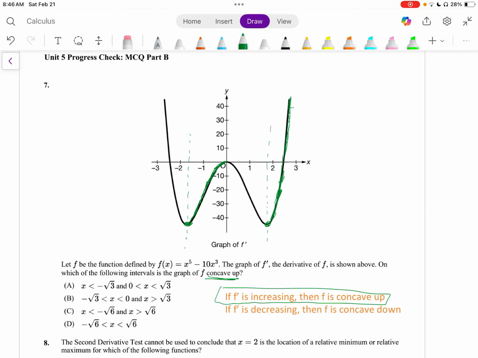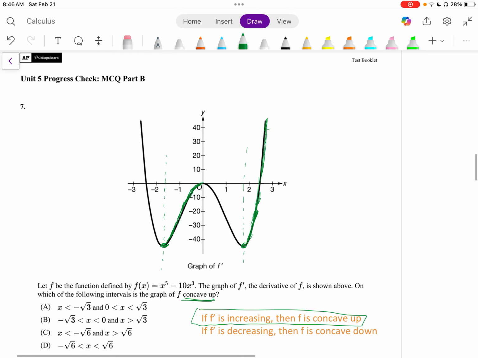Well, the only numbers we deal with here are root 3 and root 6. So square root of 3 is 1 point something. I think it's about 1.7, but you at least know it's 1.7 because the square root of 4 is 2. The square root of 9 is 3, so the square root of 6 is 2 point something.